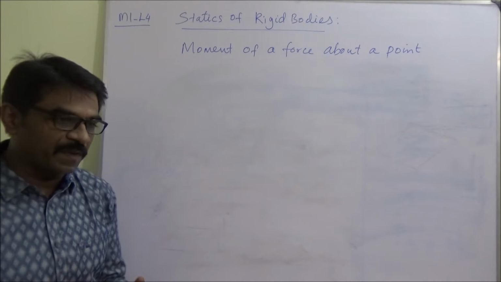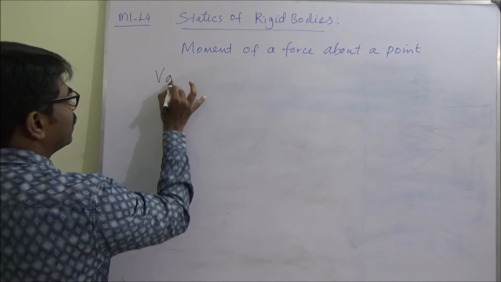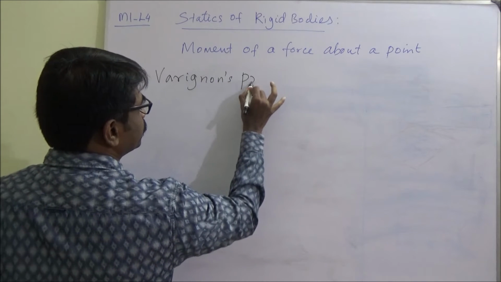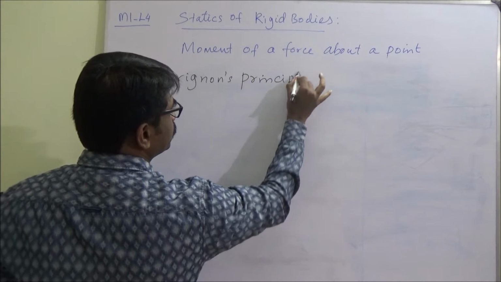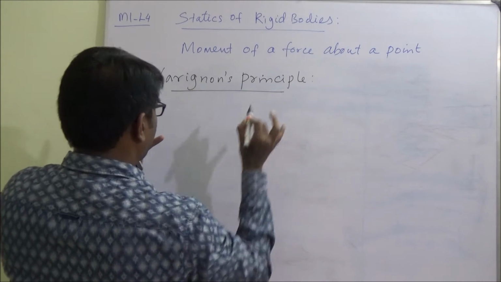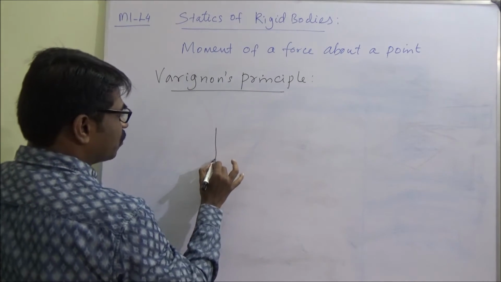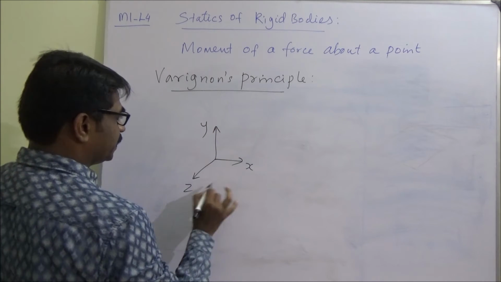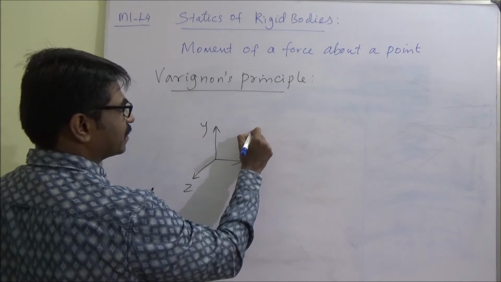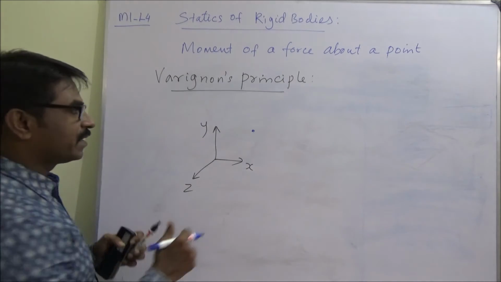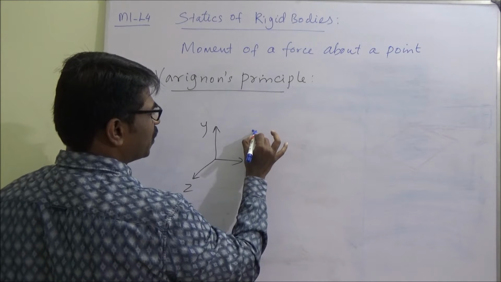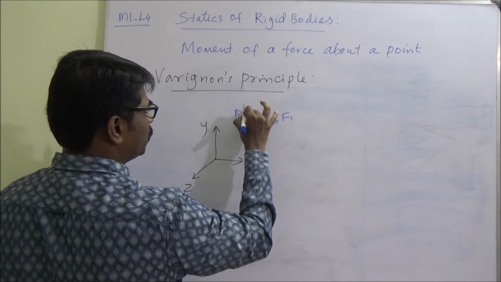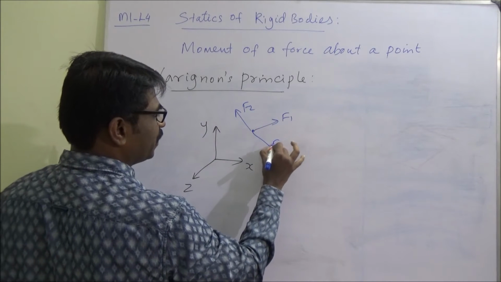So understand one more principle called Varignon. Say in a coordinate system x, y, z, assume there is a concurrent point where some forces are acting, say F1, F2 and F3.